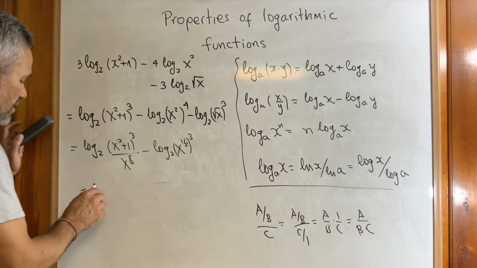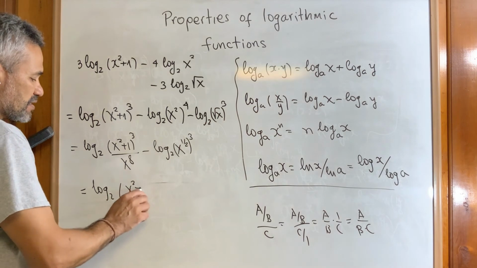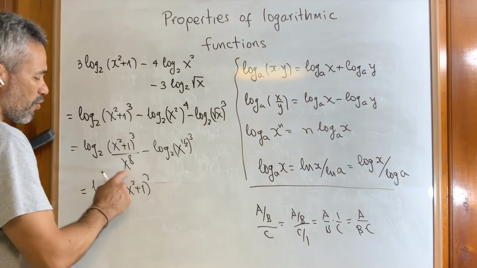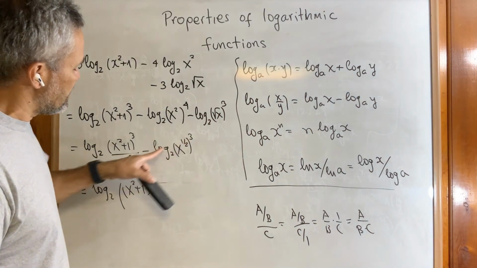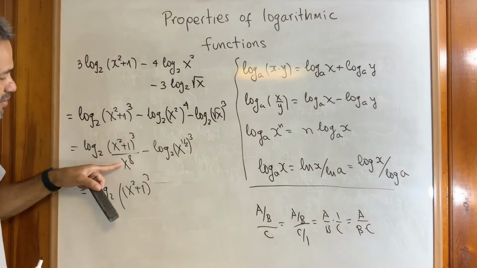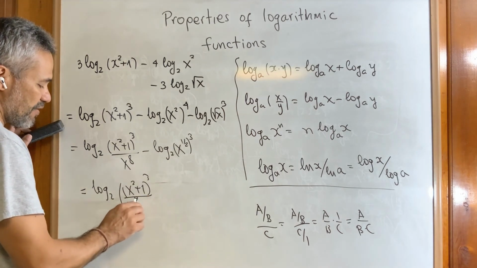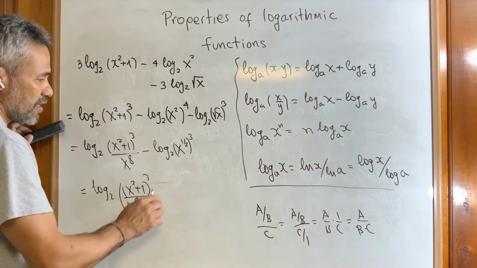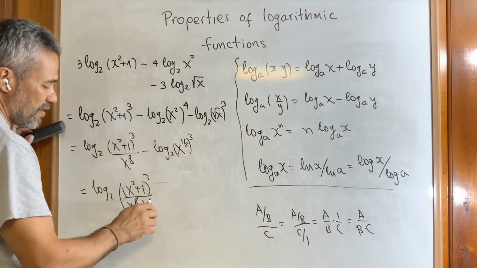Then here, this would be log in base 2 of x squared plus 1 cubed over x to the 8th divided by this. But to divide by this is the same as multiply the denominator by that expression. Then we have x to the 8th times x to the 1/2 to the 3, which is x to the 3/2.